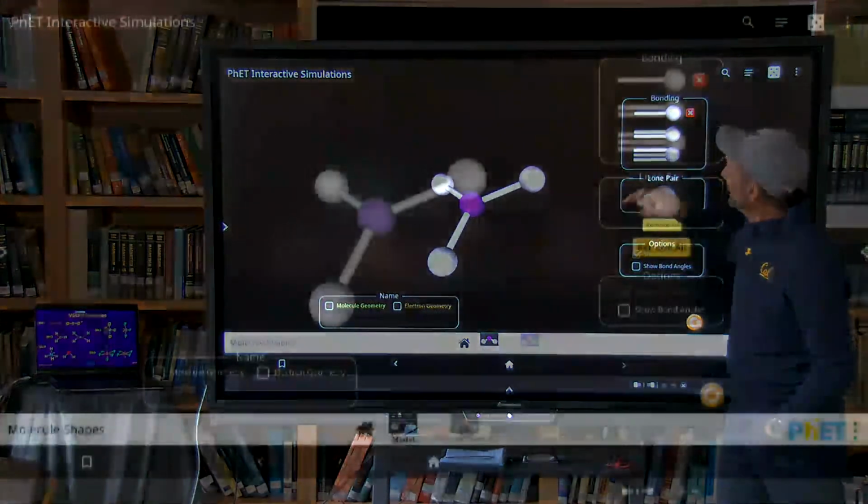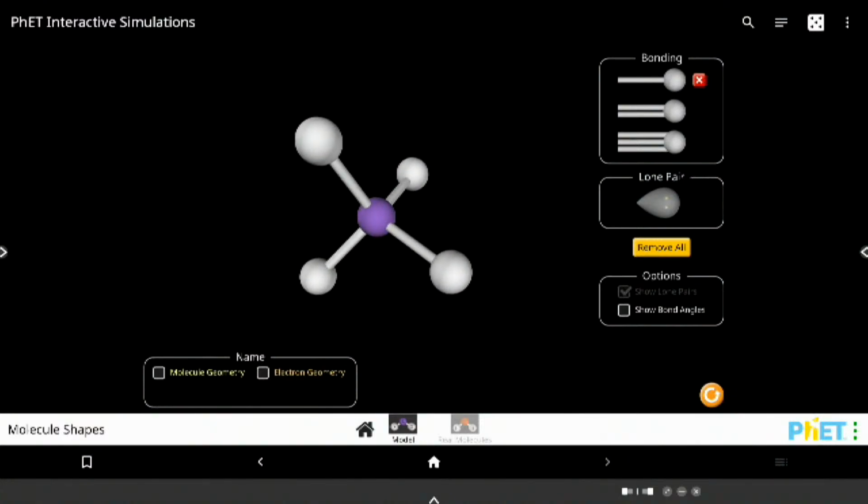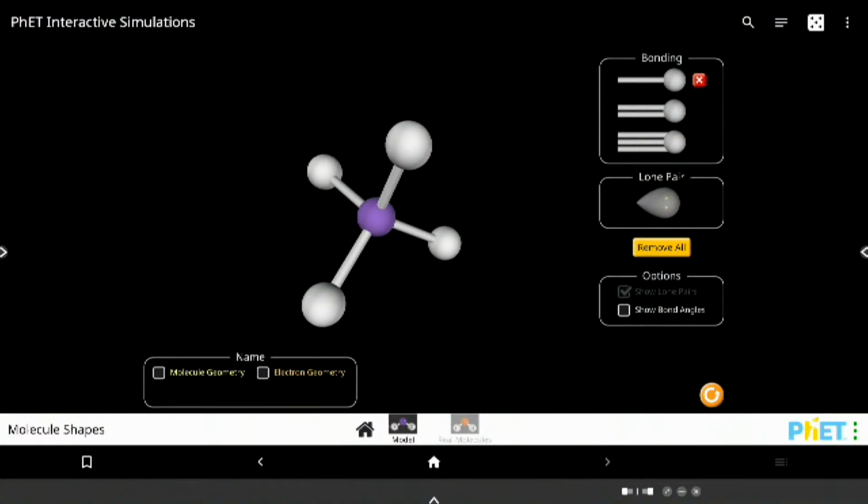I can add 2 atoms bonded, and that is my tetrahedral shape. I wonder if I click this, does it tell me? So it's going to tell me it's tetrahedral in both the electron geometry and shape.